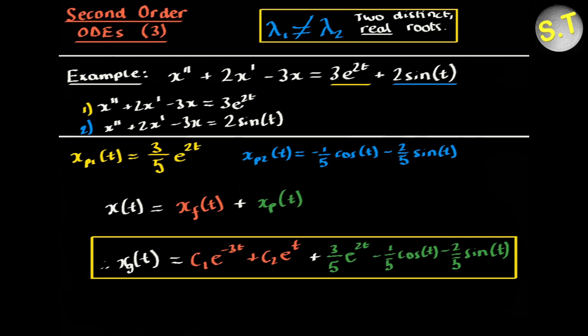However, in order to find our final solution, I said at the start that we need to solve an initial value problem. So if we knew, for example, that x at time equals 0 is equal to some value and the first derivative at some time is equal to some other value, we could calculate our c1 and c2 values. So that's what we're going to do in the next video.